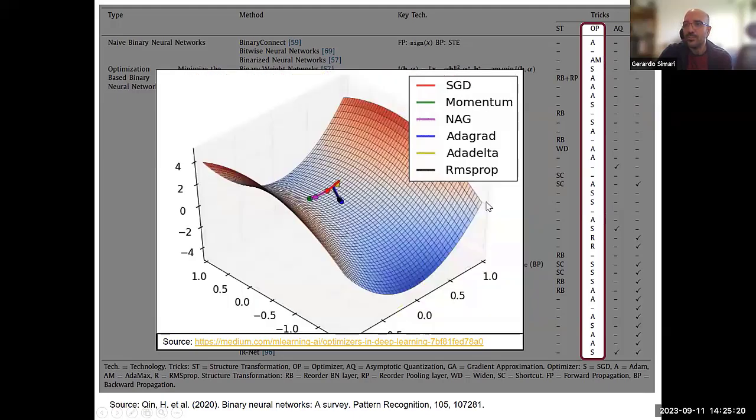There's also the possibility of getting stuck in saddle points like this. So essentially, there are tricks and optimizations used to maximize or minimize loss in the fastest possible way, also trying to not get stuck in any place. Again, this is SGD being stuck in the saddle point, and also the others, actually. A lot of the others, except for these, get stuck for a while, and then they finally get loose.